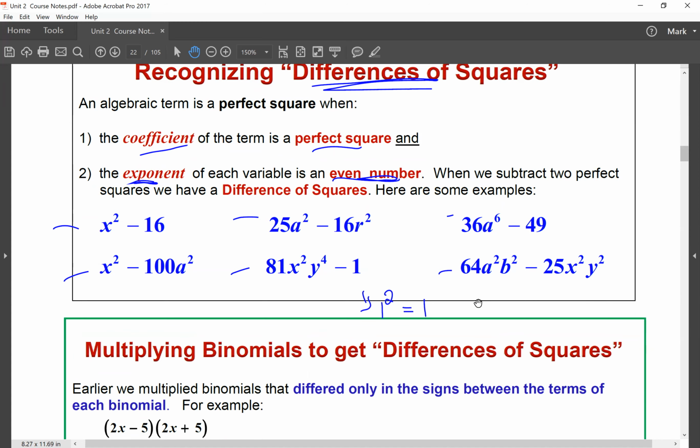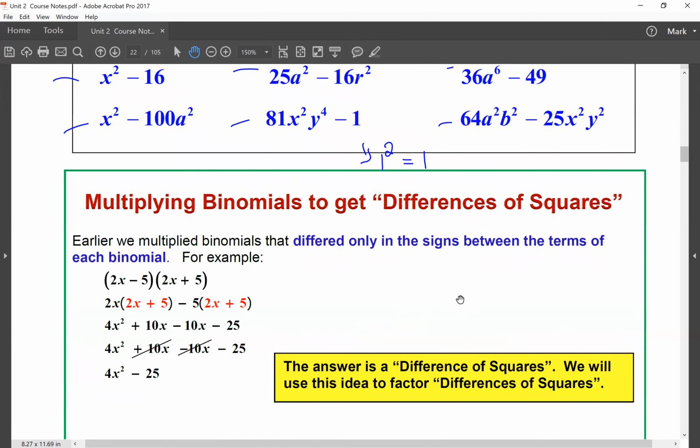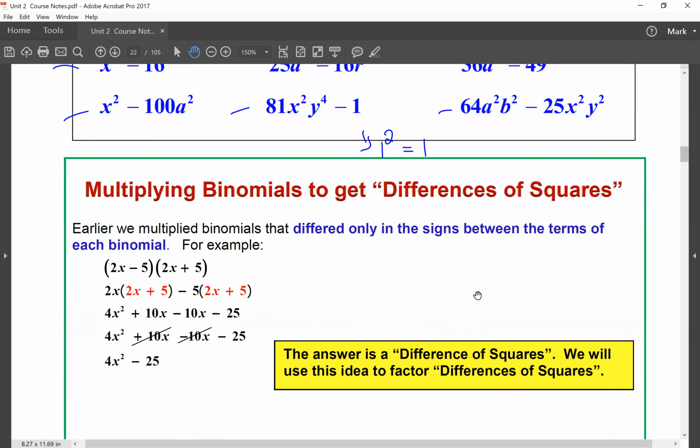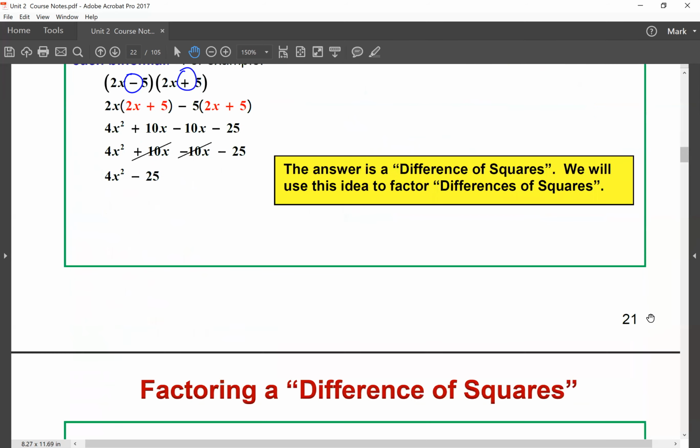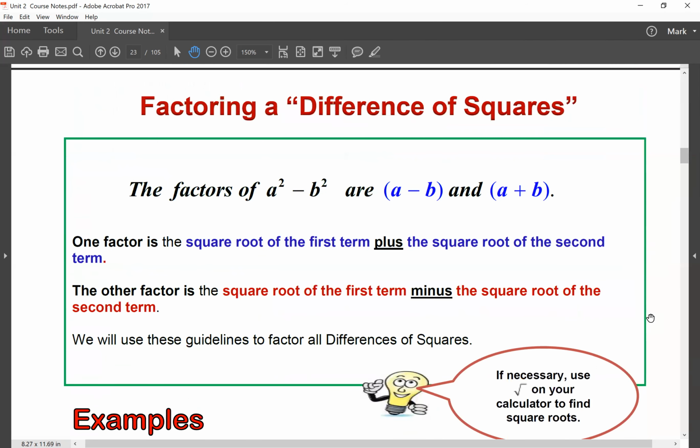Interesting. There's a lot of information here, but it's actually pretty straightforward: you take the square root of each term, and one of them is positive, and one of them is negative. I'm going to show you this, guys, don't worry. It's probably easier if I just show you. Here it is.